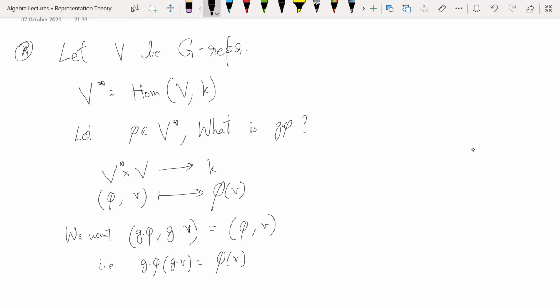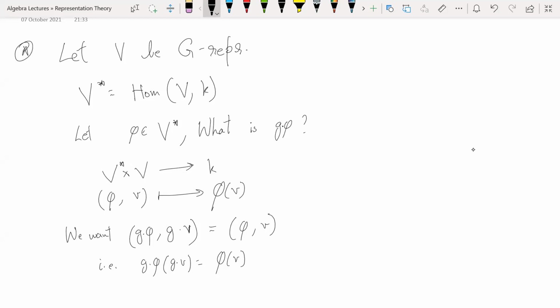So this of course is different from G phi evaluated at V being phi of GV. Even for the regular representation, the group ring, I wrote it as K-linear combinations of elements of G. But the group ring I can also think of as functions from G to K. If you take the functions interpretation, then the action will be somewhat different.